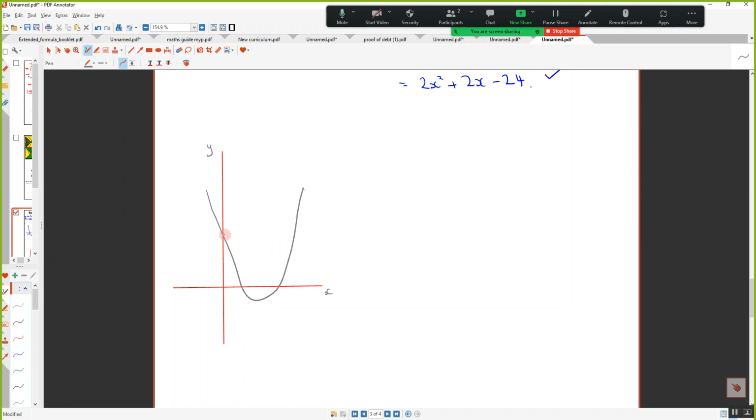So we're still given the y-intercept. But this time we are given the vertex. So what form do you think it would be best to put this in first?